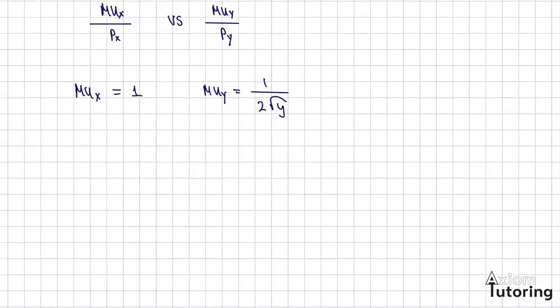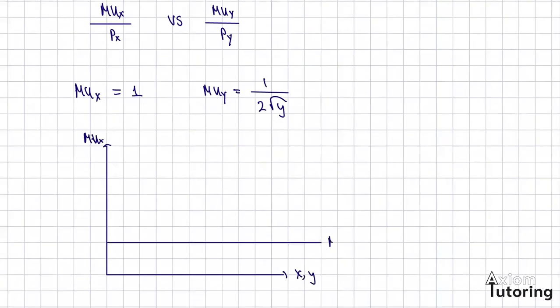I can graph this too, okay? So let's say that here, I'm going to overload this graph a little bit, and I'm going to say here I have both x and y. Okay. And here I'm going to draw the marginal utility of x. That's easy. It's flat like this. That's my marginal utility of x. And what about y? Well, when y is very small, I get an infinite marginal utility.